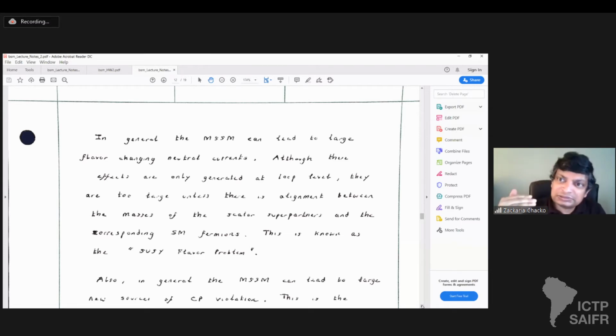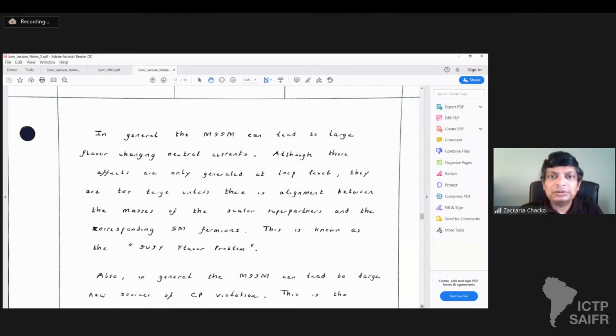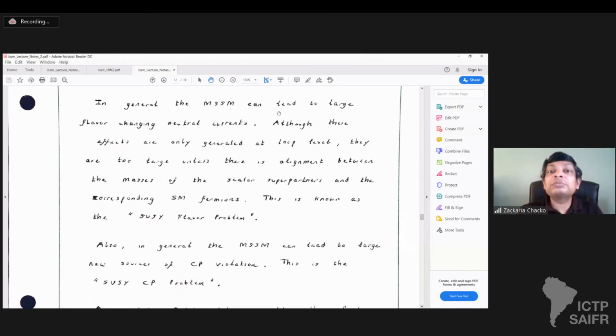There are certain things which are automatic in the standard model, which are not automatic once we are talking about supersymmetry. So one thing which is not automatic is that in general, you get large flavor changing neutral currents. We had a big discussion on this in the standard model. You have a GIM suppression, you have CKM suppression of flavor changing neutral currents in the standard model.